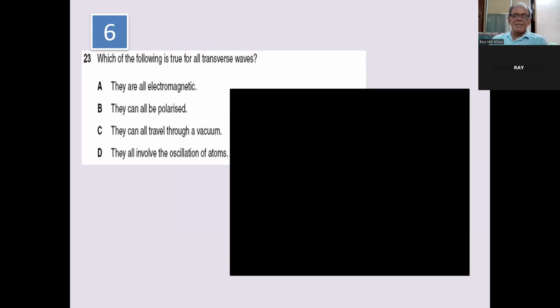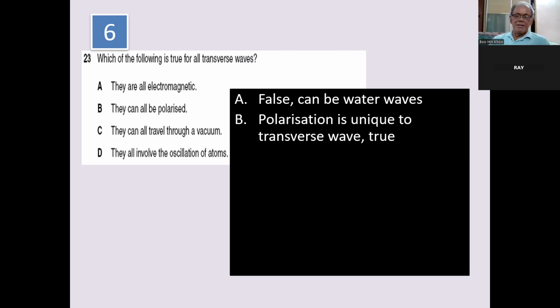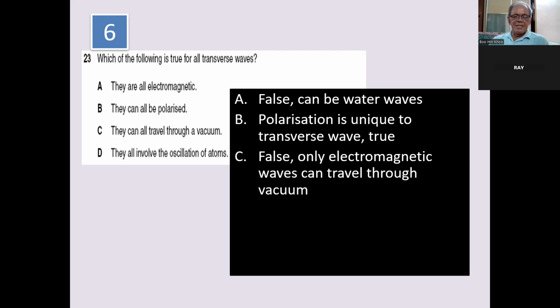Sound wave is not a transverse wave. Water waves are transverse waves. Water wave needs water as a medium. Right? It can be water waves, electromagnetic waves. They are not all electromagnetic waves. Not necessary. It can be water waves. So the answer is B.